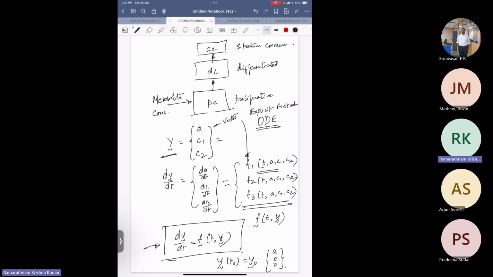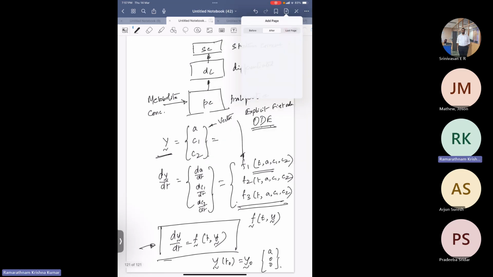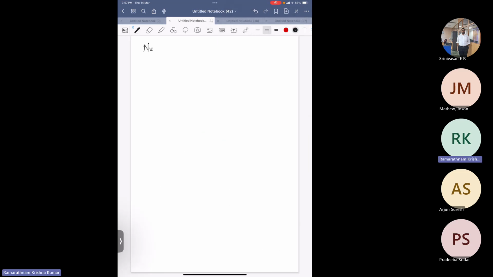Of course, they are there in many more advanced things in physiology, but I'm not going to cover that now. Clear? Yes, sir. So now I'm not going to solve this straight away like the way I did this. That's going to become more and more difficult. I'm going to solve it by using what is called numerical means.